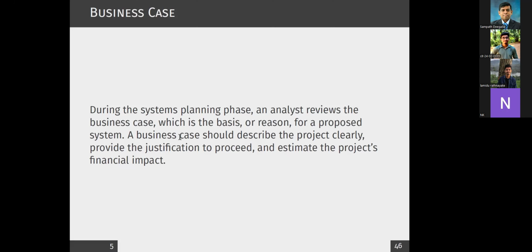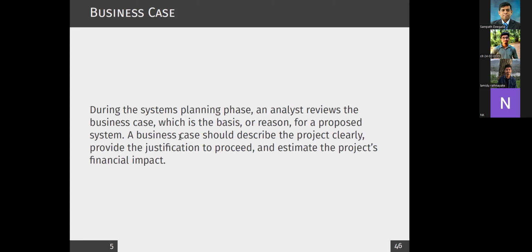Right, the next topic that I'm going to discuss is making a business case. Remember we were discussing planning an information system, and then we have to have a business case, which means we have to have a reason, a basis for a new information system. So a business case means we have to describe the project clearly. For example, let's say we are going to develop a student support system for the university.